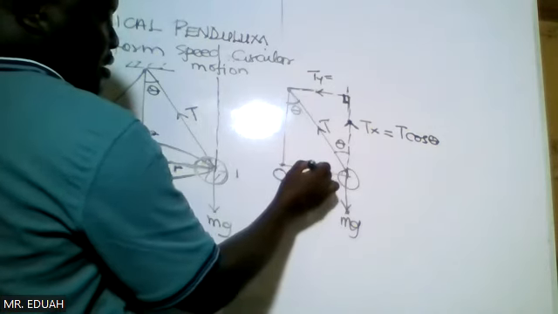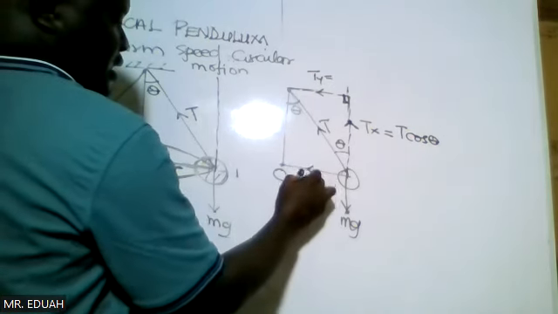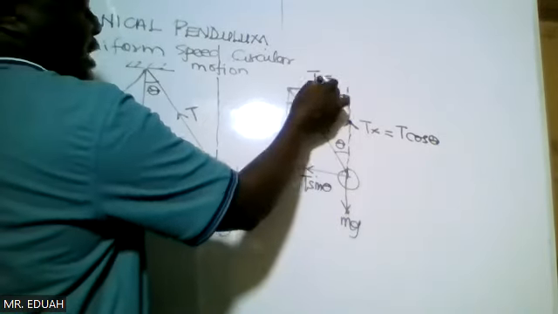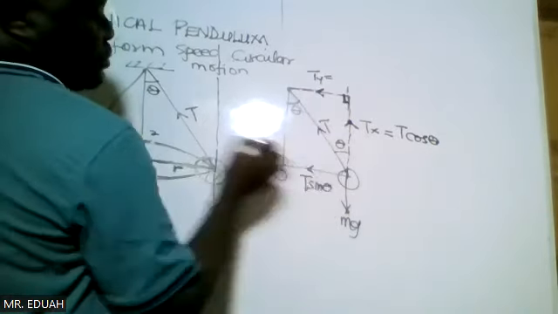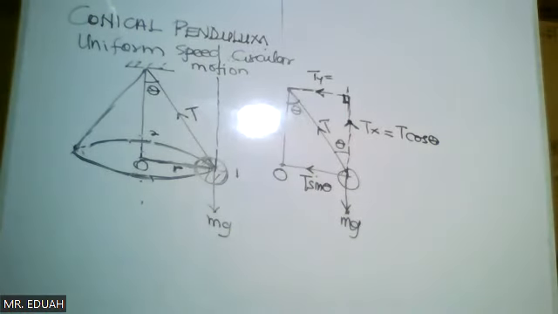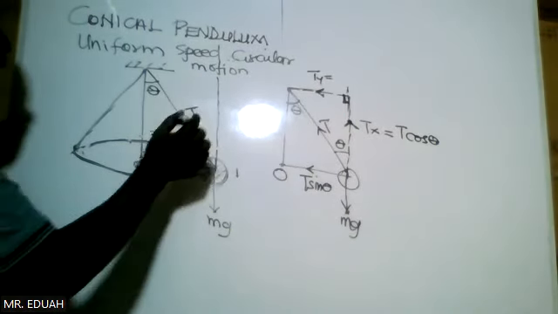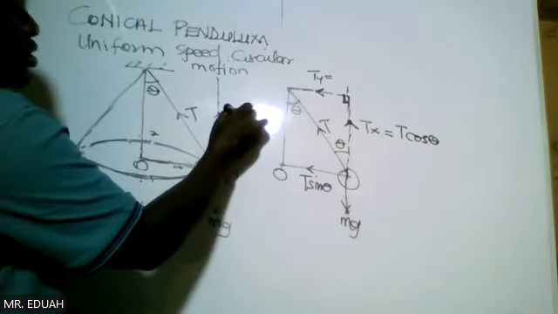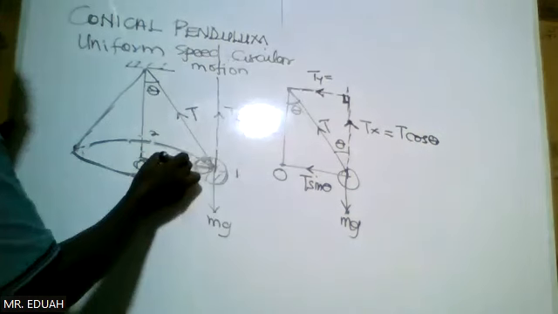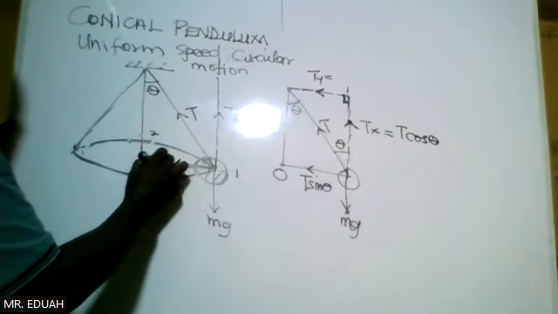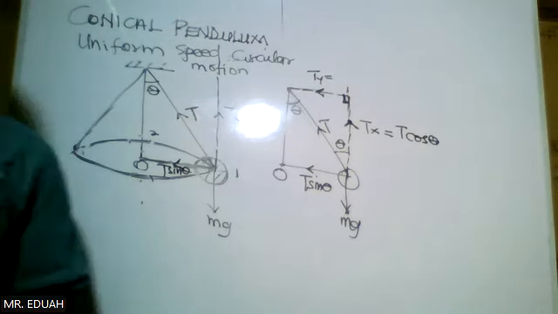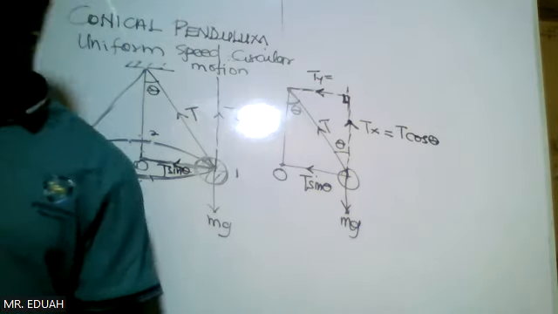T sin theta. So this is T sin theta. So these are the components of the tension T: T cos theta, then T sin theta. Please, are we clear with the components?